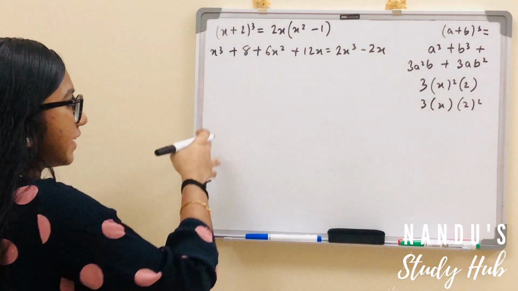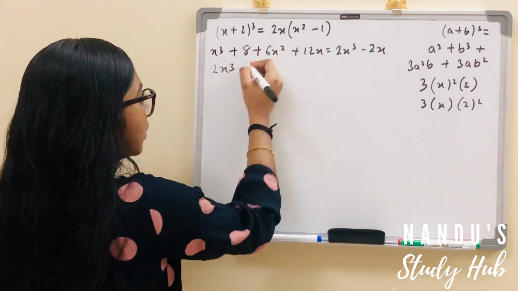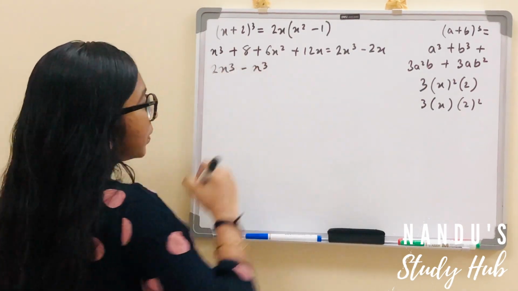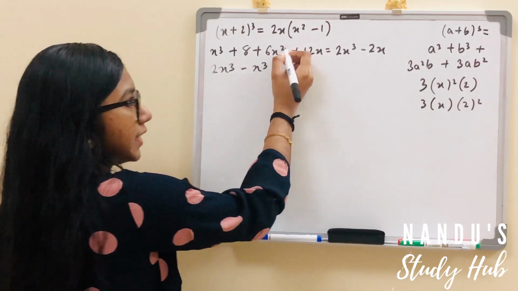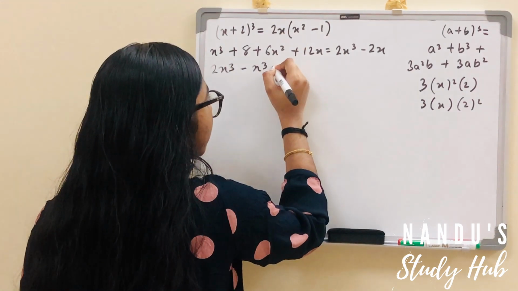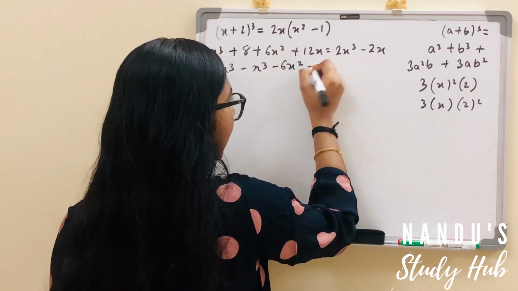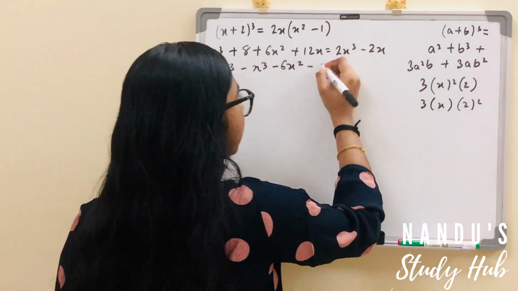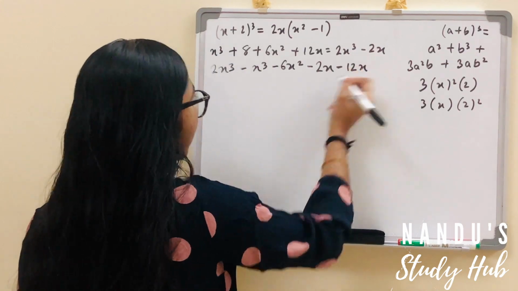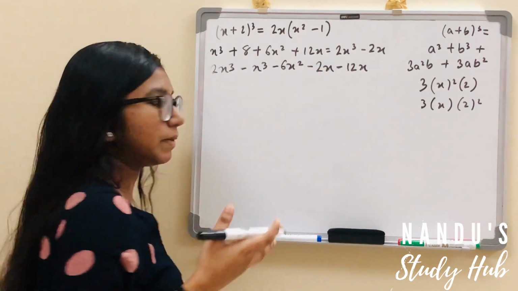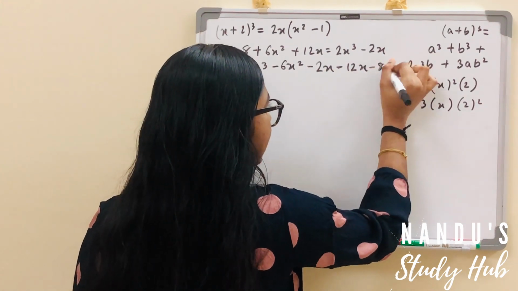So I can bring this x cube to the other side. So I get 2x cube minus x cube, and after the cube one we have a quadratic term over here, minus 6x square, again here we have a linear term, minus 2x minus 12x plus 12x when I bring to the other side becomes minus 12x, and plus 8 when I bring to the other side it becomes minus 8 equals 0.